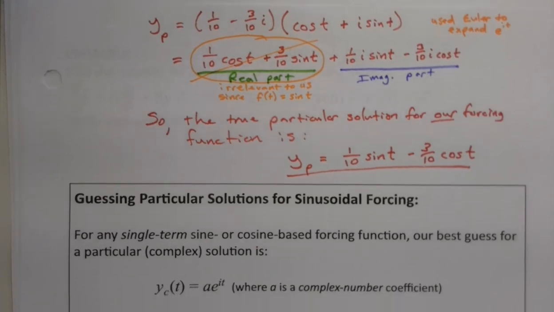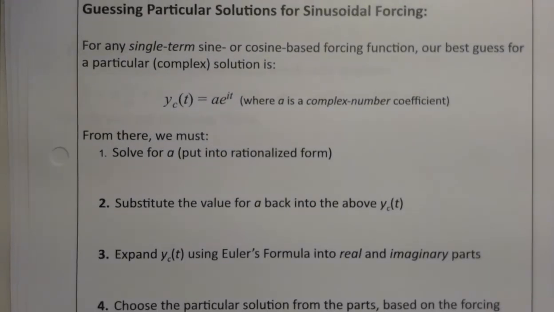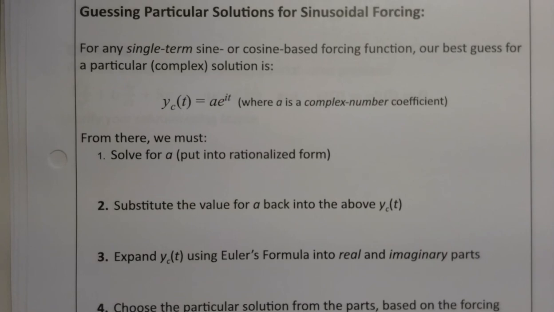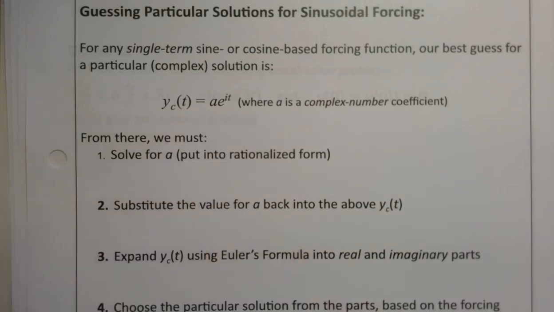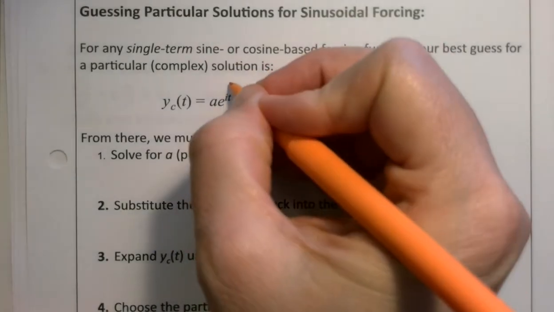And so down here there's a little laundry list of step-by-step to follow. You'll notice in here that there's the complexified solution, where alpha is going to be a complex number coefficient. The only thing that's left off from here, and I don't know why I left it off, is that there should be a beta sitting inside here.